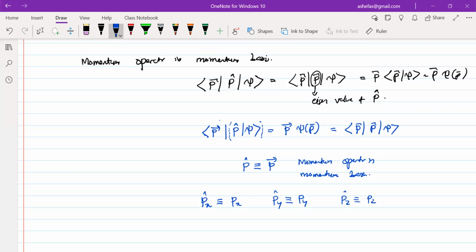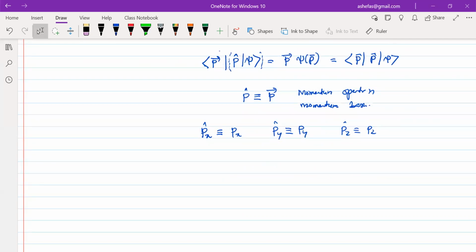So there is no change for the momentum operator in the momentum basis. In terms of momentum basis vectors, the momentum operator is nothing but the momentum itself. So these are the representations of the momentum operators.